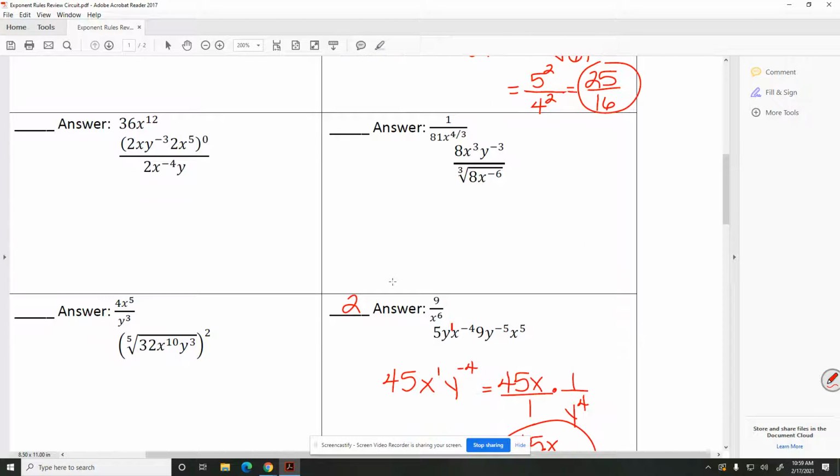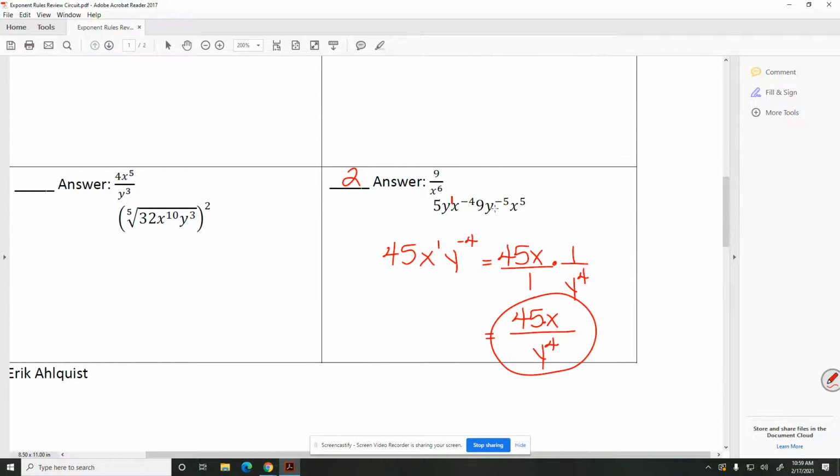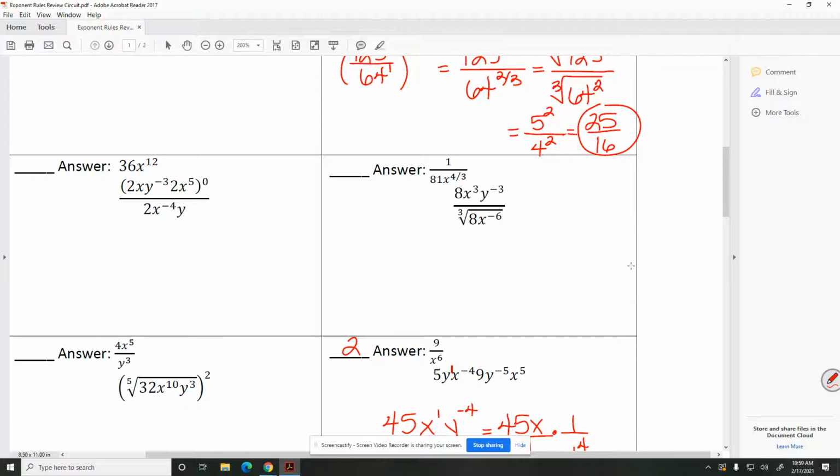Okay, let me find another one that's a little bit tricky like that one. Actually, this one right below it looks like a good one to do. So this one here, I'm going to first start by rewriting the radical as a fractional exponent.